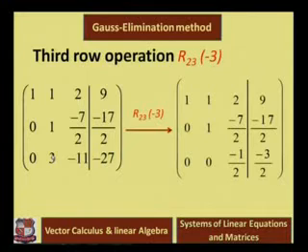So to convert that entry to 0, we take the operation R23 with minus 3, meaning multiply the second row by minus 3 and add to the third row. After that we get this matrix: 1, 1, 2, 9, 0, 1 minus 7 by 2 minus 17 by 2, 0, 0 minus 1 by 2 minus 3 by 2.